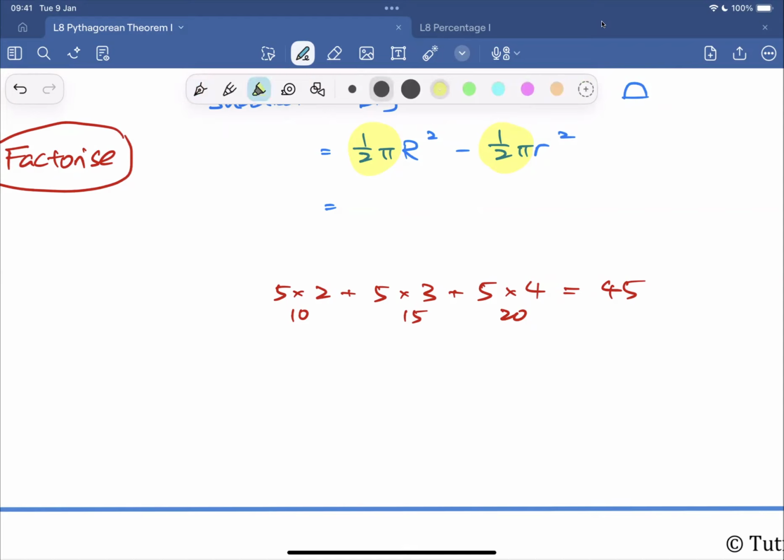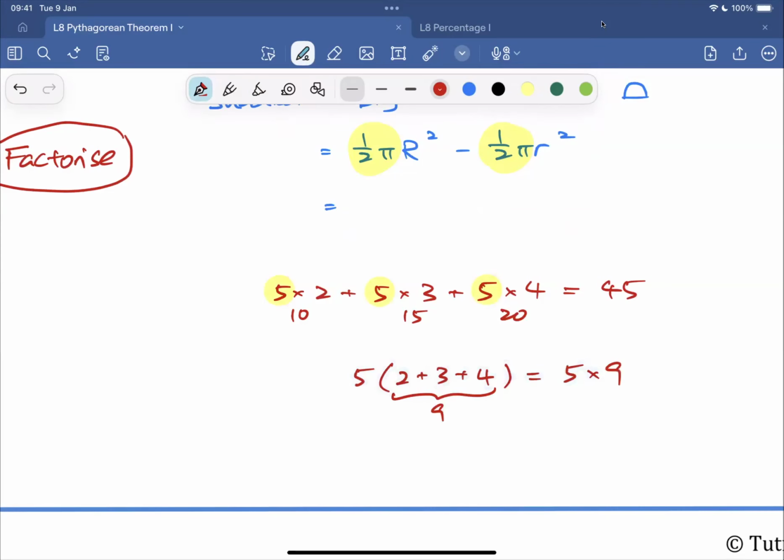Now, do you notice that number 5 keeps on repeating? Yeah. So I'm going to take the number 5 and factorize it. That means you put it outside the bracket. Tell me what is remaining in the bracket. 2 plus 3 plus 4. Yes. Can you tell me what's 2 plus 3 plus 4? 9.